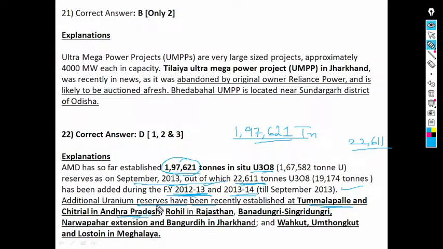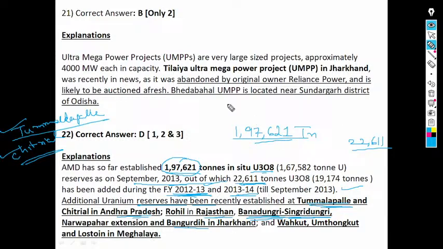These are the two important regions, Tumalapalli and Chitrial in Andhra Pradesh, and Rohil in Rajasthan, and Bandhurang and Singhdurang north extension in Jharkhand.